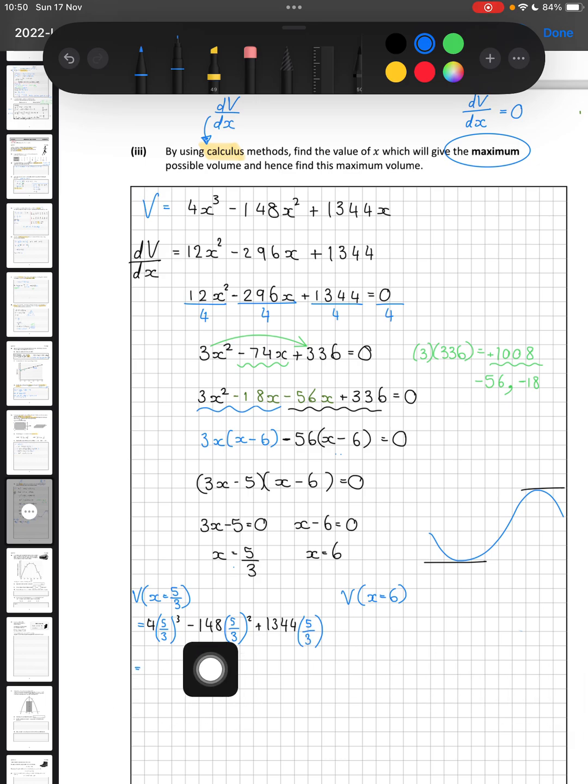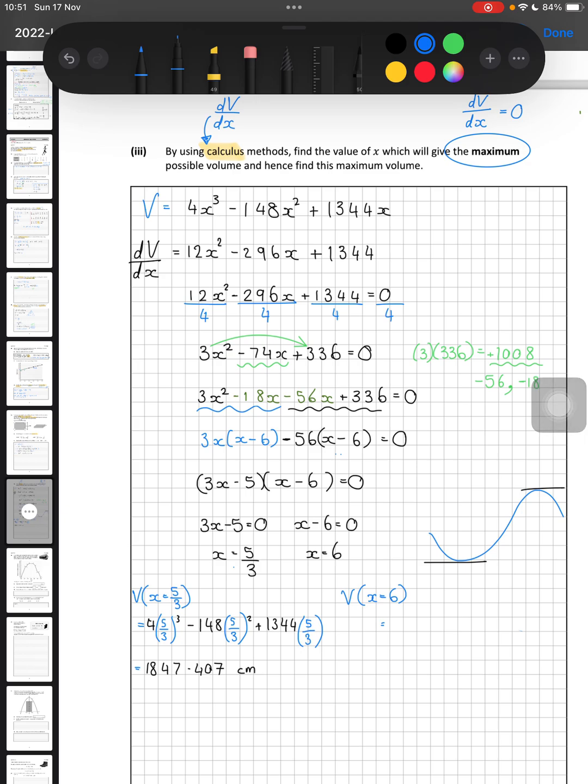So this here is going to give me a volume of 1847.407 recurring, and we were looking at things in centimetres earlier on, so my answer is in centimetres. I have it already subbed in here, and I can go back to the brackets of my calculator, but I'm still going to write out what I am typing into my calculator.